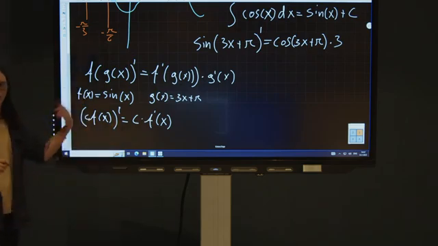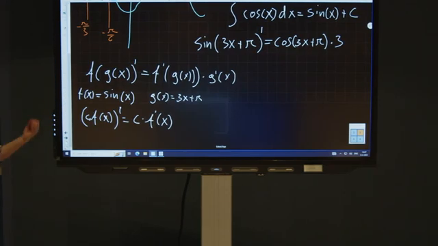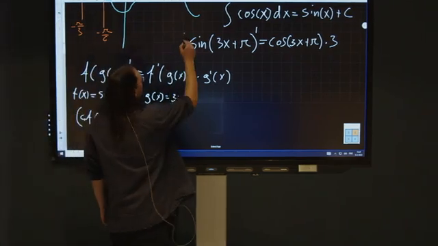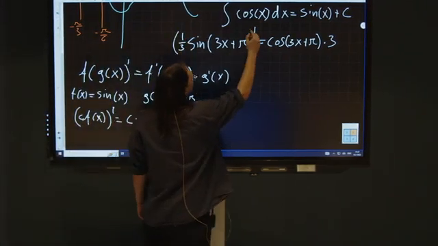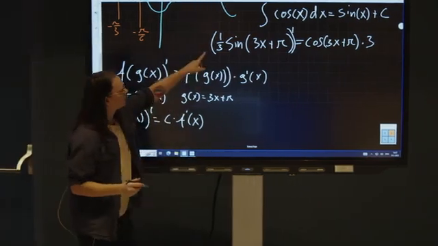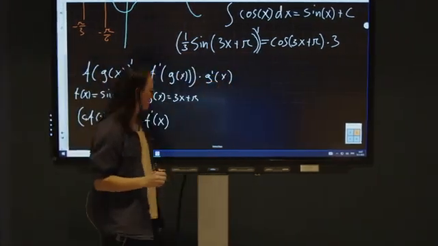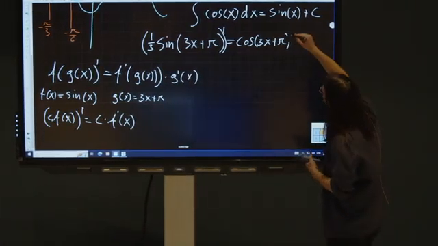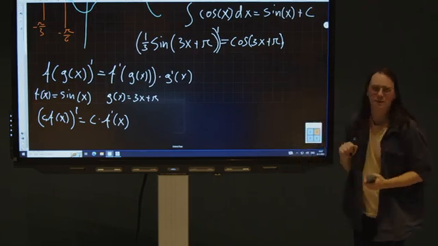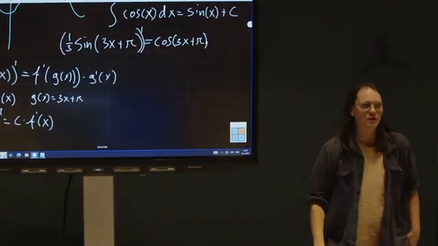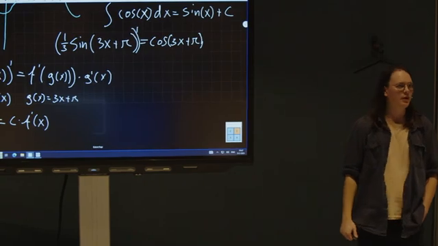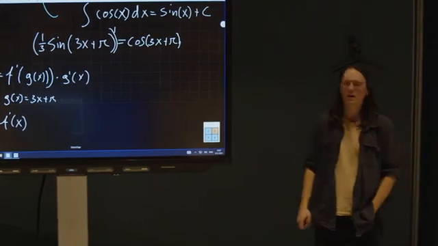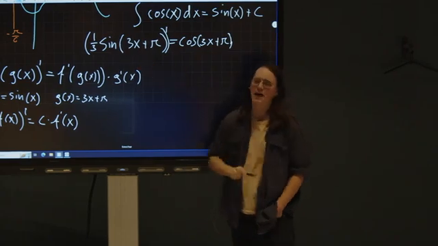So those constants just keep going out to the front, which means if we had multiplied that sine of 3x plus pi by a third beforehand, and then taken the derivative, then that third would cancel against that 3. And then we would have gotten our cosine of 3x plus pi that we wanted, right? So in other words, now we found our antiderivative. Our antiderivative of cosine of 3x plus pi is 1/3 times sine of 3x plus pi.